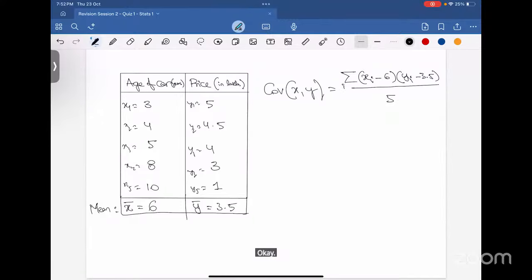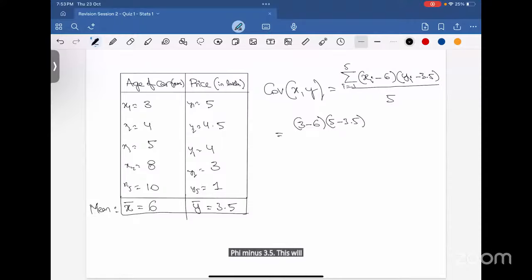Again i goes from 1 to 5 and you can compute this. Take the first observation, x1 is 3, so 3 minus 6, into y1 which is 5, 5 minus 3.5.